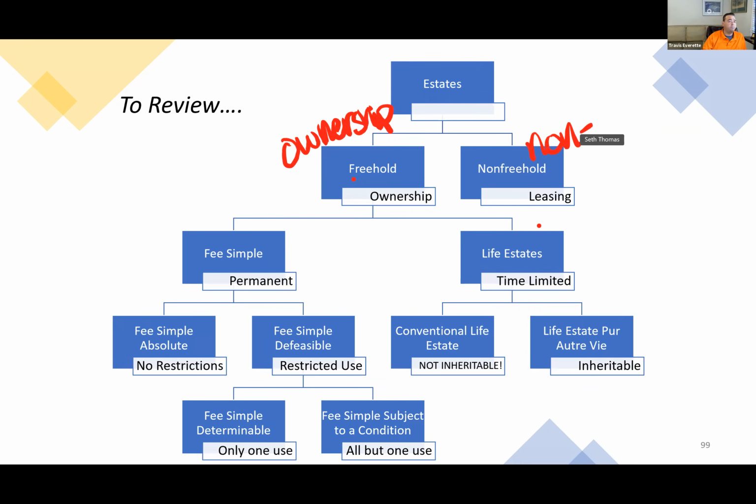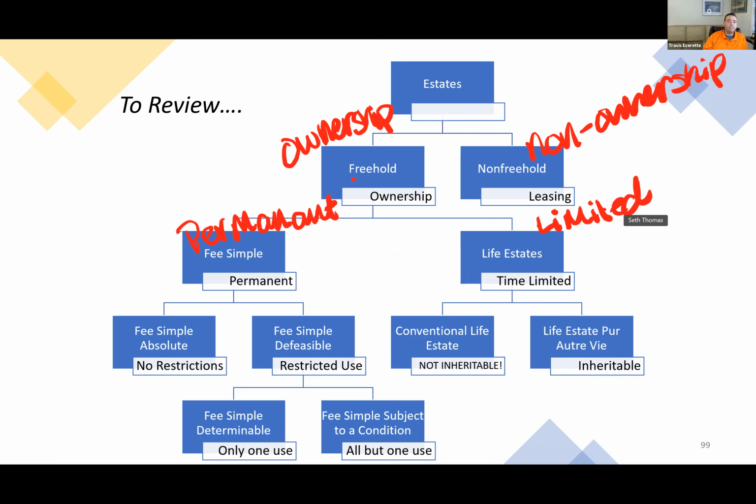And Seth is adding some little notes there, right? The freehold stuff is the ownership stuff. The non-freehold stuff is non-ownership or leases, right? And then you've got permanent types of ownership and temporary types of ownership. It's a really, really big chunk of information, and you all hung in there, and I'm thankful for it. So good job.